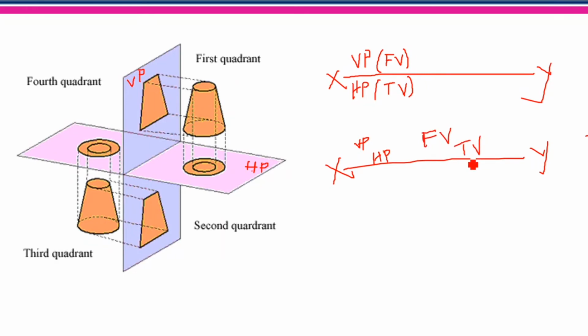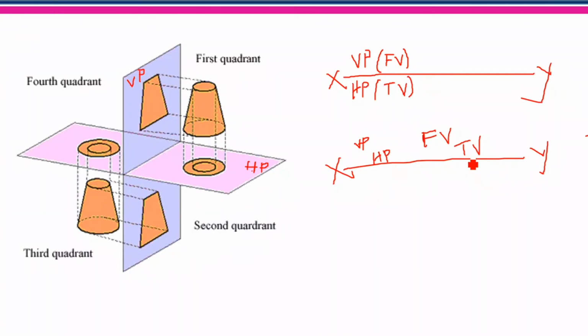If you have front view and top view both above the line, imagine this with the help of a car. What will happen? Both will overlap with each other.